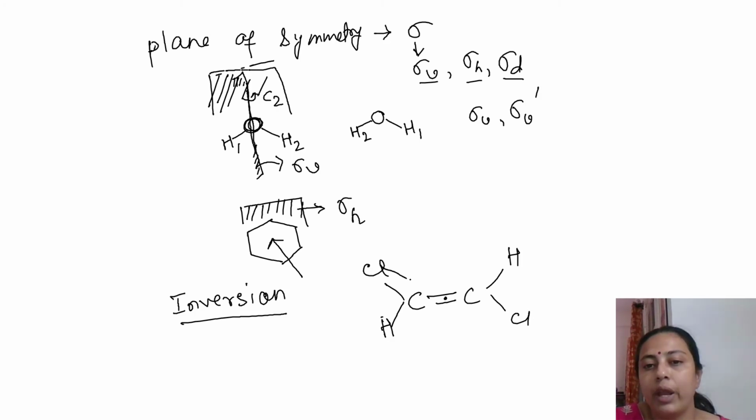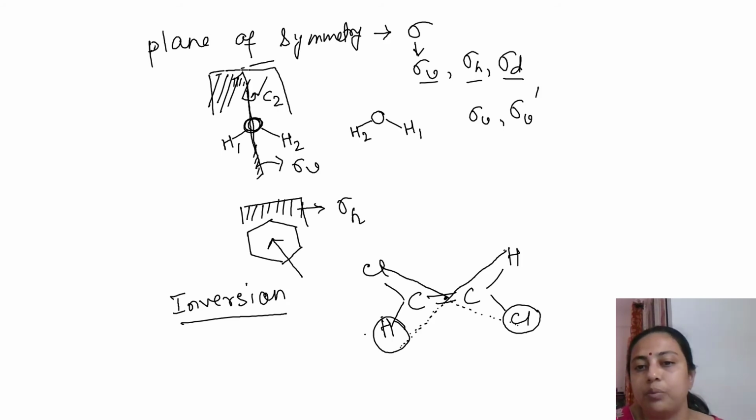If you join chlorine to this particular point and then extend in the opposite direction to the same distance, you will get another chlorine. Similarly, for hydrogen, if you join here and then travel the same distance in the opposite direction, you will get a hydrogen atom present over there. So this trans dichloroethylene has a center of inversion. This is called a center of inversion.